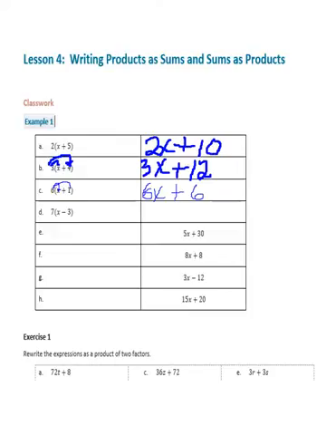This one looks a little different because we do have a subtraction sign, and that's okay. We just roll with it. Again, I hope you got 7 times x, which is 7x, and then 7 times the negative 3. So that would be a negative 21. And it just reads 7x minus 21.